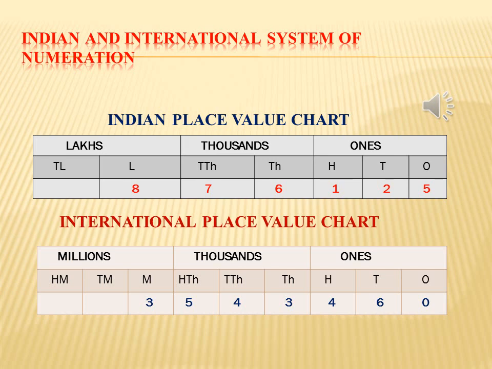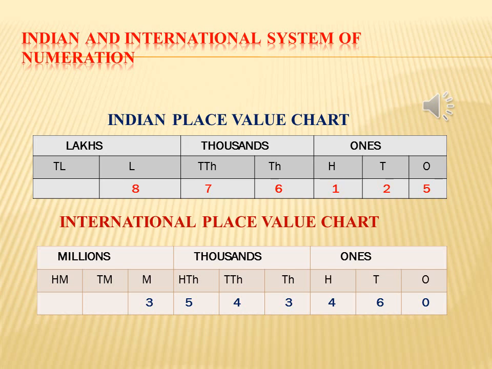But in international place value chart after thousands period we have millions period. And the places which come under millions period are millions, 10 millions and 100 millions. Hope you all have understood the difference between Indian place value chart and international place value chart.